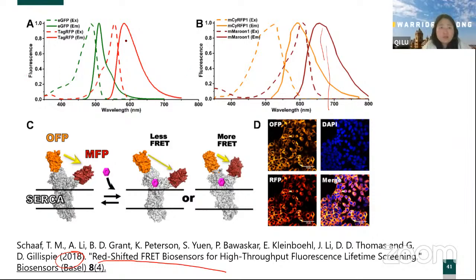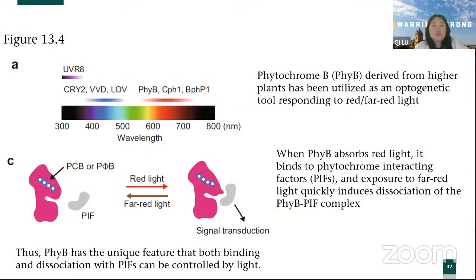Compared with the previous traditional pairs, the overlapped area of emission and excitation is better, and the light wavelength is also longer, which means it can be observed in deep tissue.